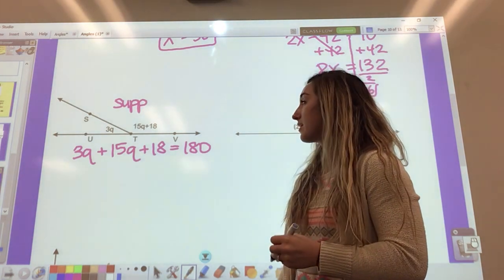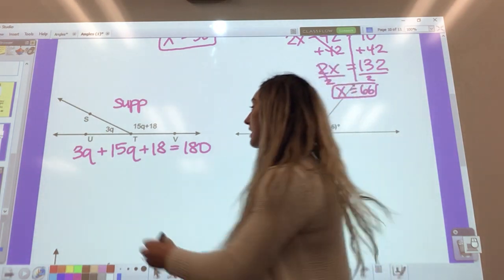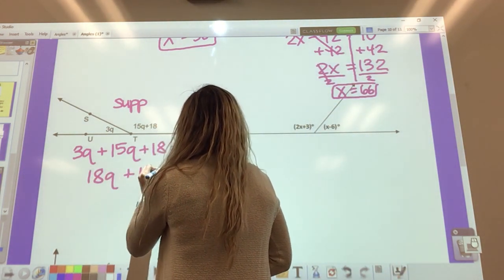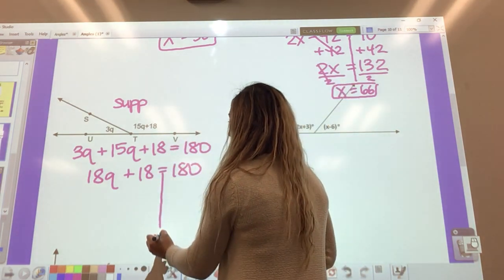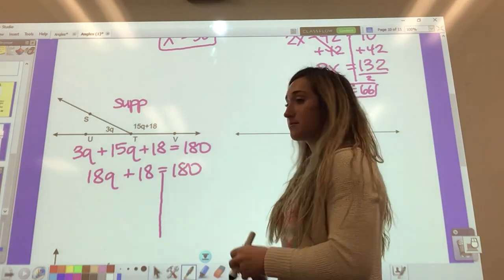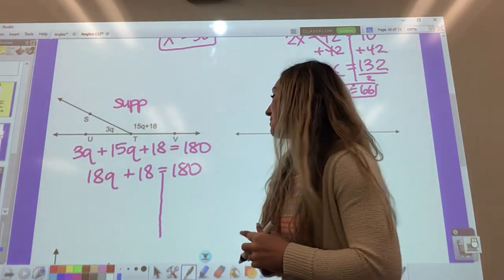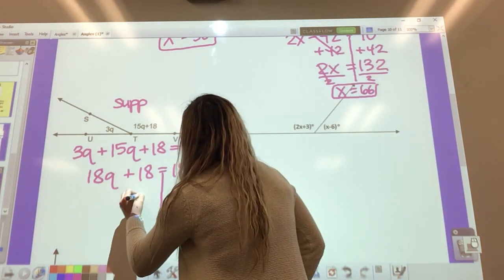From there, we can combine the like terms. 3q and 15q would be 18q. And then just carry down the plus 18 and the equals 180. From there, we solve like we did in our last unit. We're back to algebra. I told you we were moving on, but not to forget about solving equations.